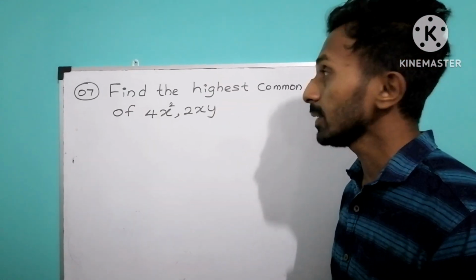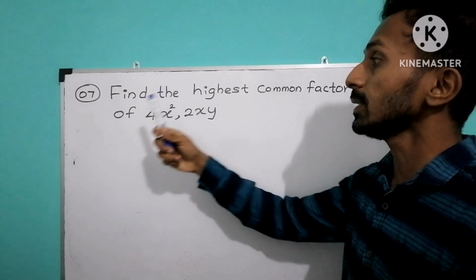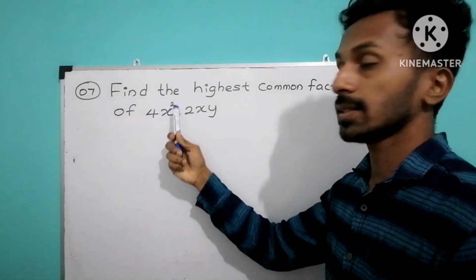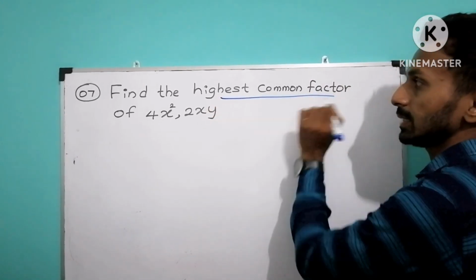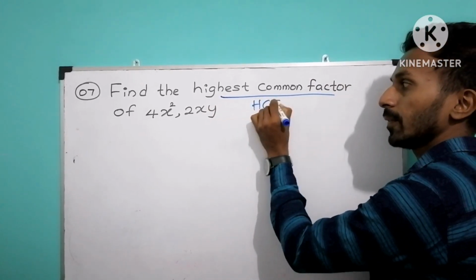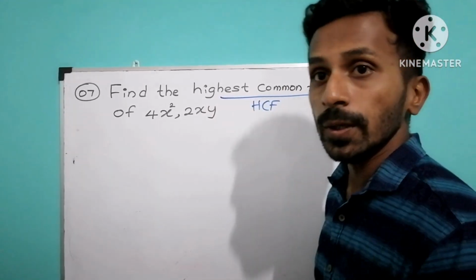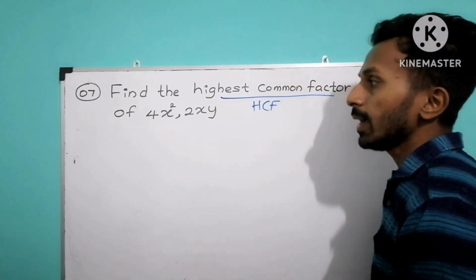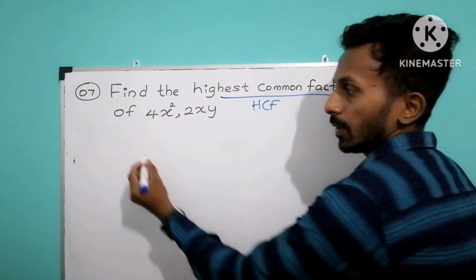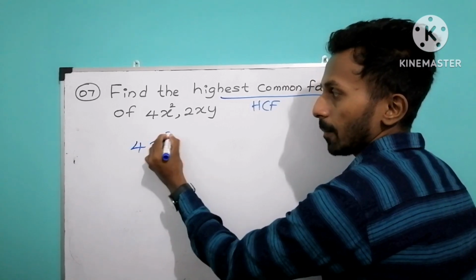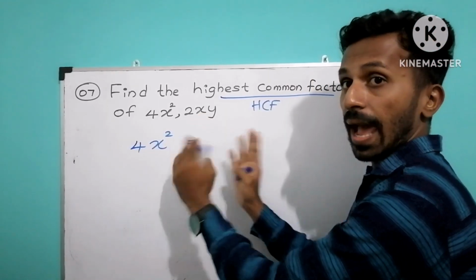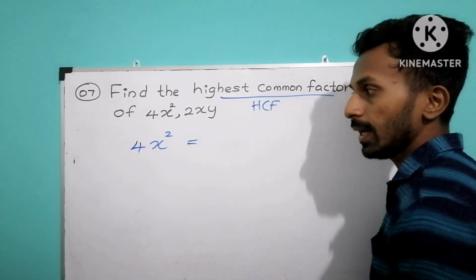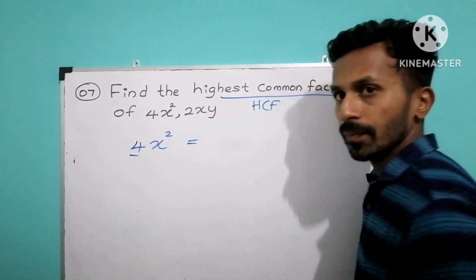Here we have to find the highest common factor, HCF, of 4x square and 2xy. I am going to express each as a product. First take the number 4.